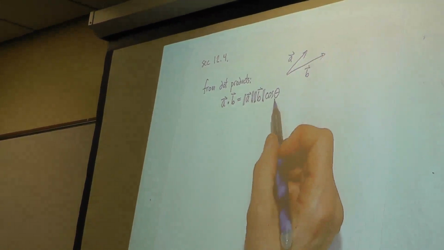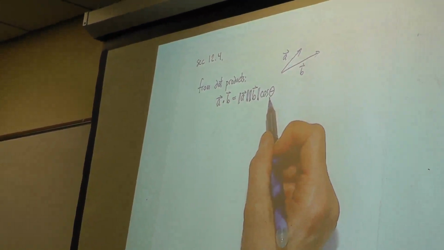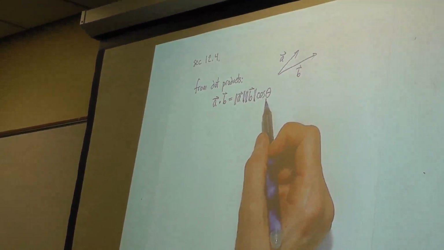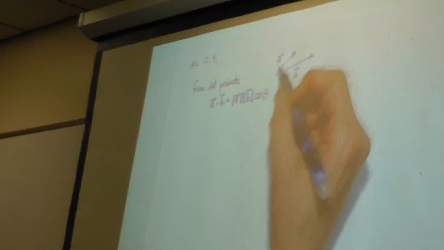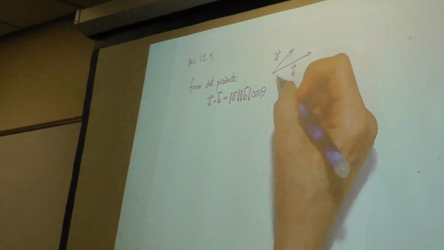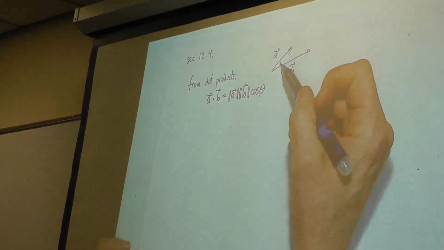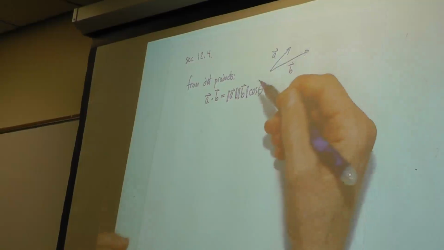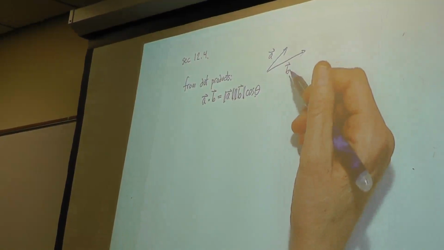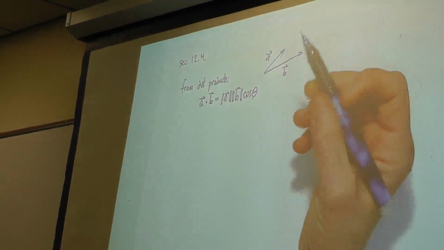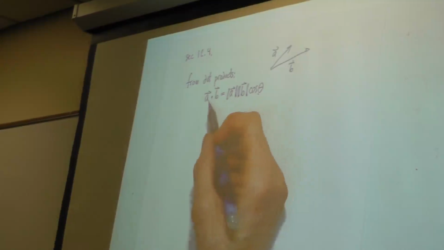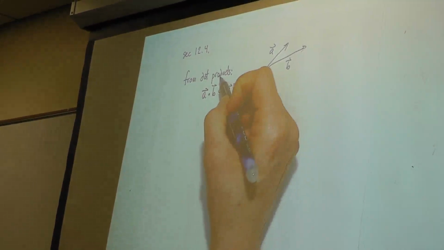This allows me to solve for theta. It tells me when vectors are perpendicular, orthogonal, or not. It tells me information about that. I would like to do the following.